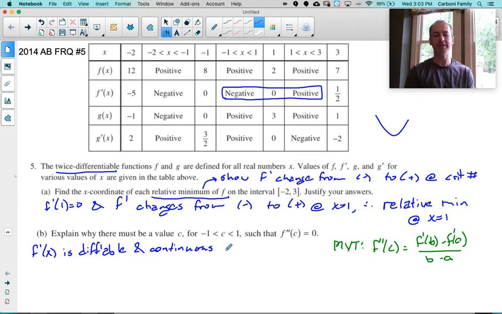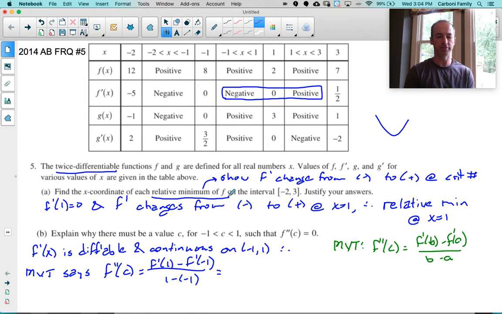So f prime is differentiable and continuous on the interval. We are focusing on -1 to 1. Therefore, the mean value theorem says that f double prime of c must equal f prime of 1 minus f prime of -1 over 1 minus -1.